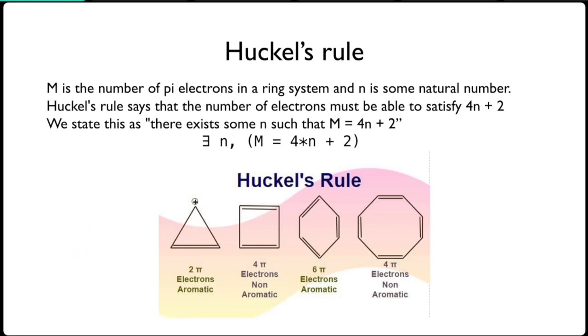But for the 6 pi electrons case, n would be equal to 1, okay? For 4 pi electrons, we have an even number of electron pairs, so this doesn't hold, and so on. You could go and define non-aromatic as the alternative version of that, okay? So that's Huckel's rule for you.